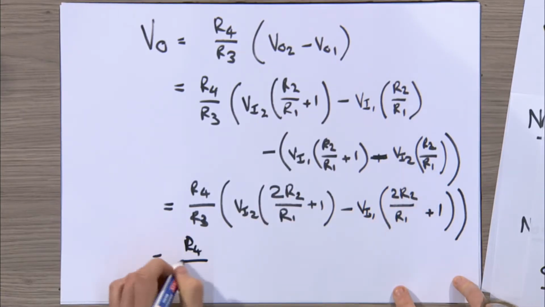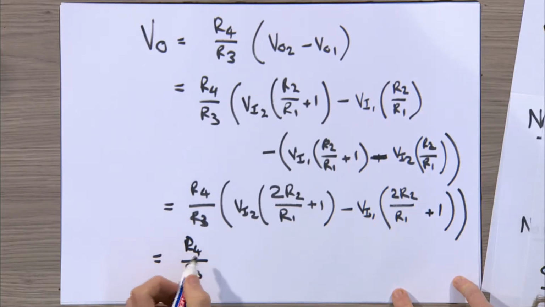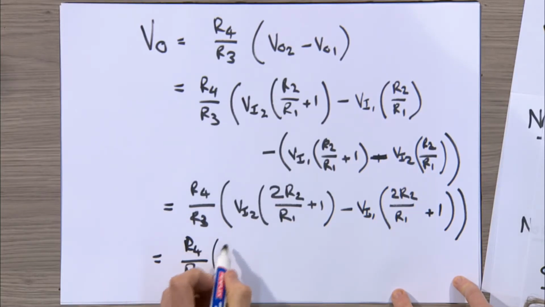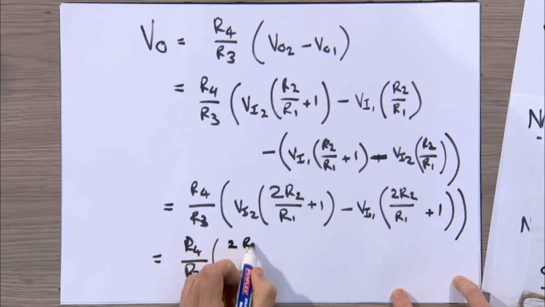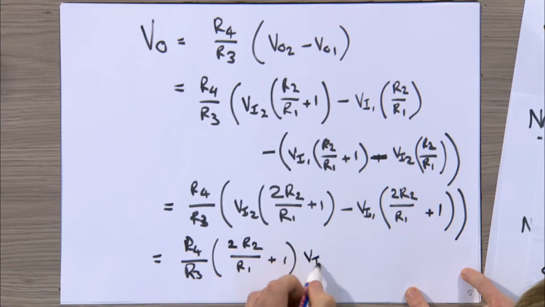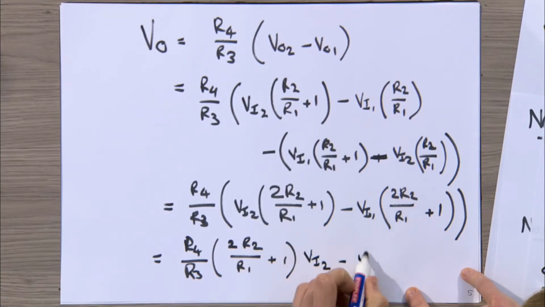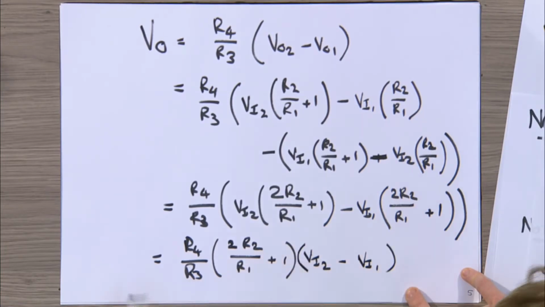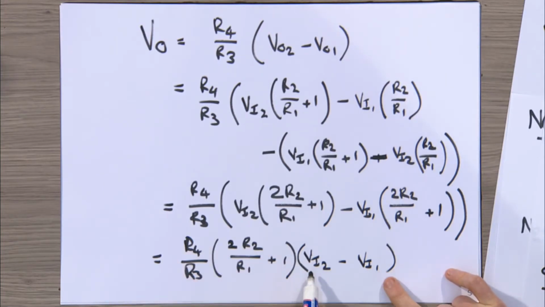So it's R4 divided by R3 multiplied by (2 times R2 divided by R1 plus 1) times (Vi2 minus Vi1). We have our gain in front, and we have our differential voltage, the difference between the two input voltages.